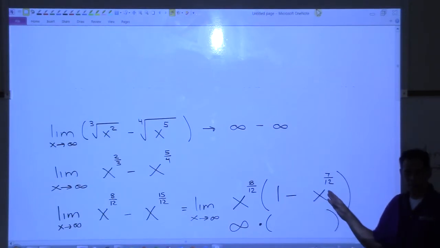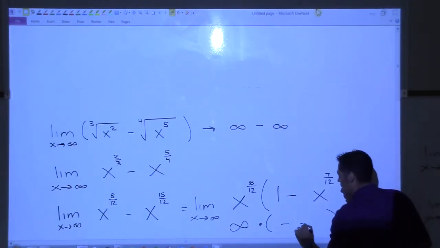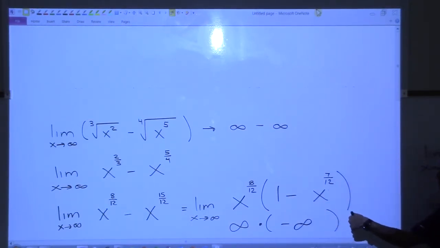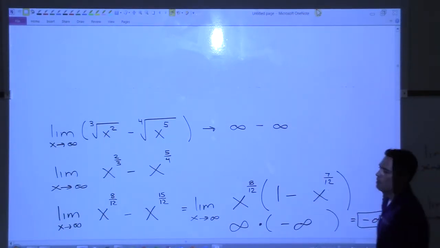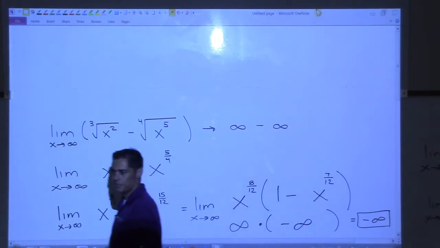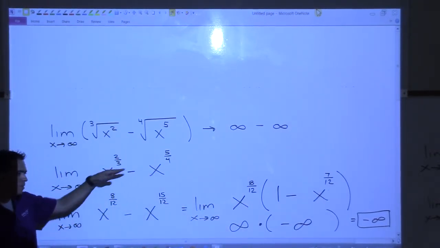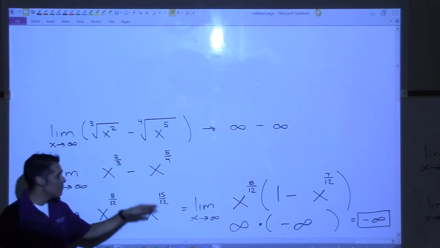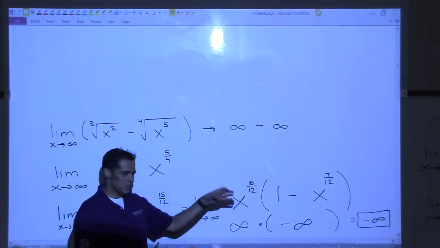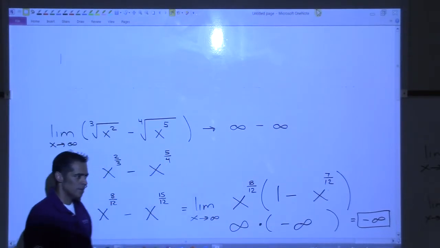So this is like 1 minus infinity, which is negative infinity. And now we have infinity times negative infinity, which heads to negative infinity. All right, see how that works? So from radicals to rational exponents to common denominator rational exponents, pull out the smaller of the two, and then you should be in business.